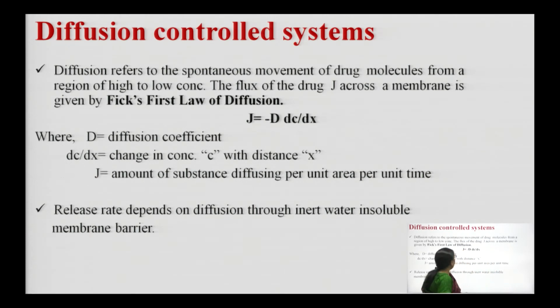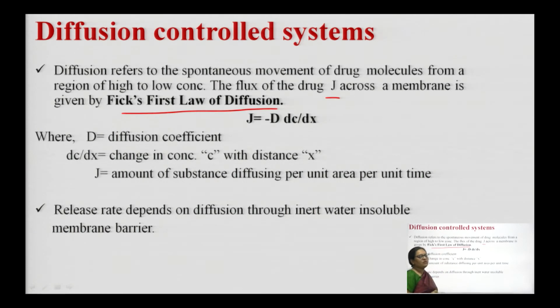Now, diffusion as a mechanism basically refers to spontaneous movement of drug molecules from a region of high concentration to low concentration, and the rate of diffusion or the flux of the drug is represented by the symbol J, and this flux across a membrane is given by Fick's first law of diffusion.